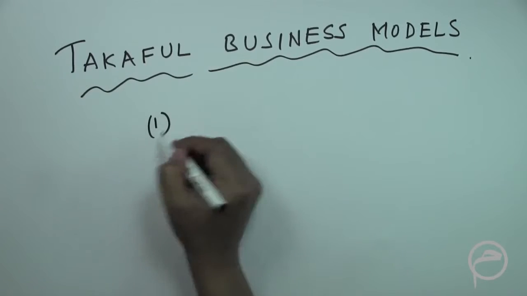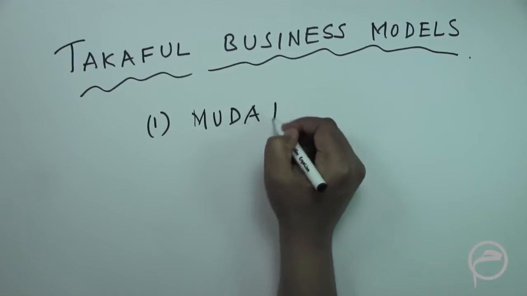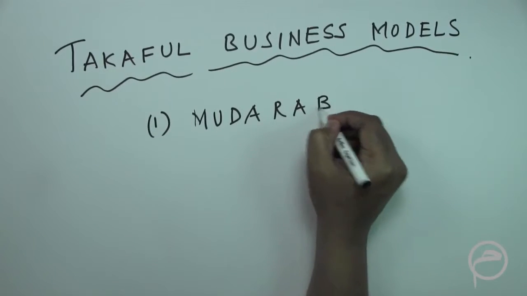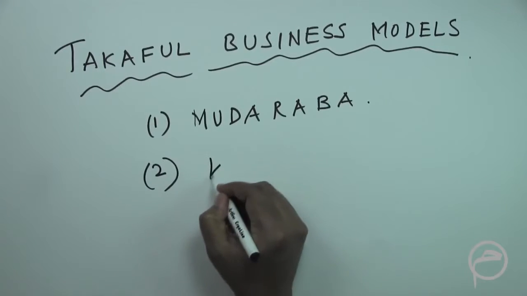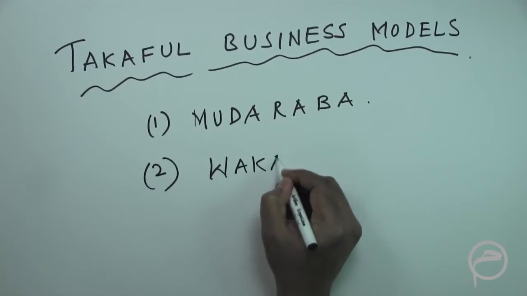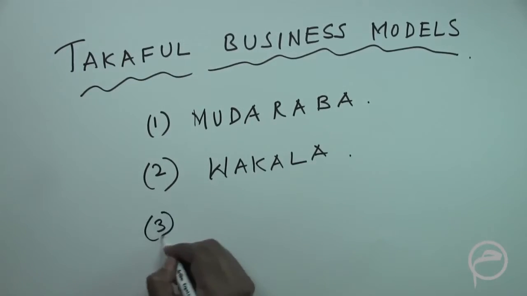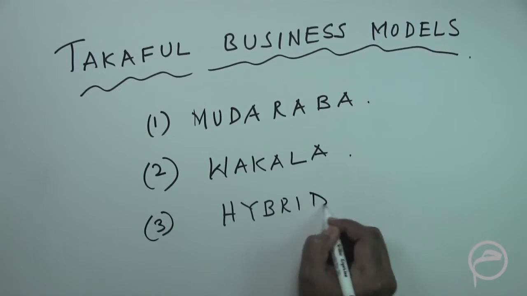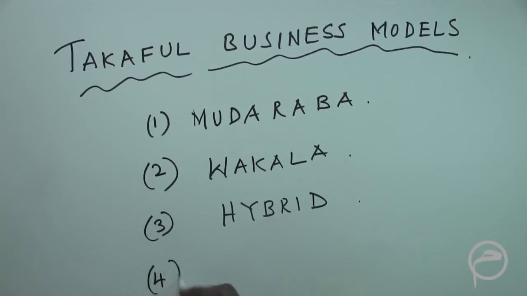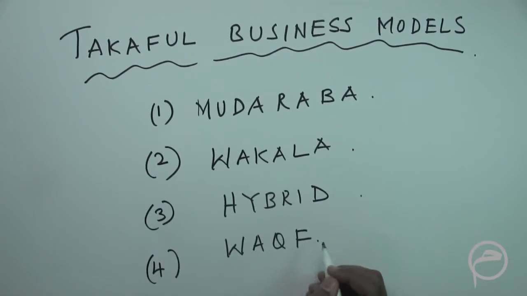The first is a Mudaraba model. The second is, for example, a Wakala model. The third is a hybrid model. And the fourth is a Waqf model.